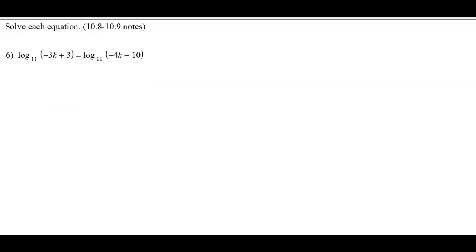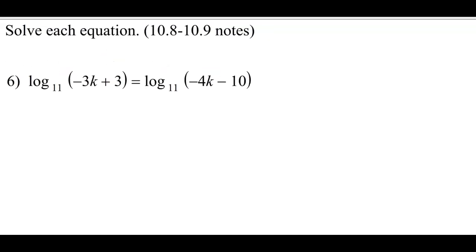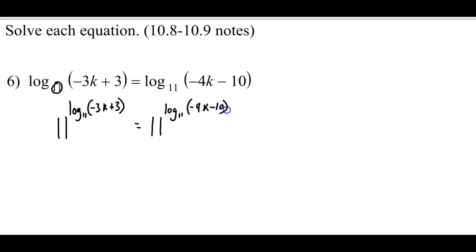We're going to talk about log equations. So when it comes to solving a log equation, the way that you get rid of a logarithm is by exponentiating both sides. That means I'm going to make both sides a power of the base, in this case 11. So it's going to be 11 like so.